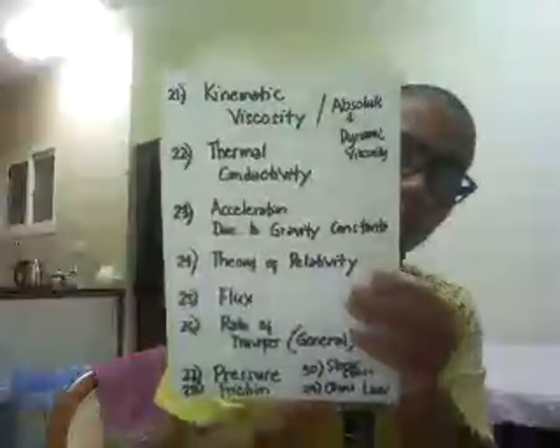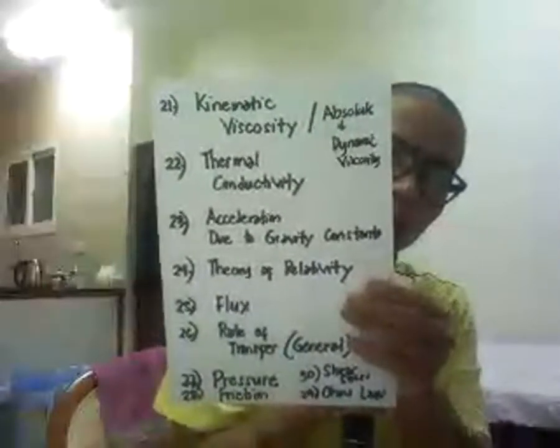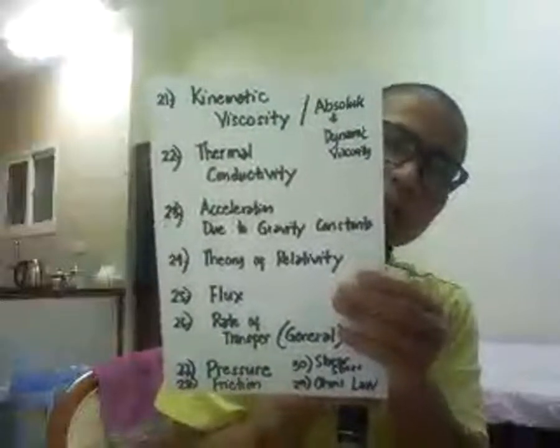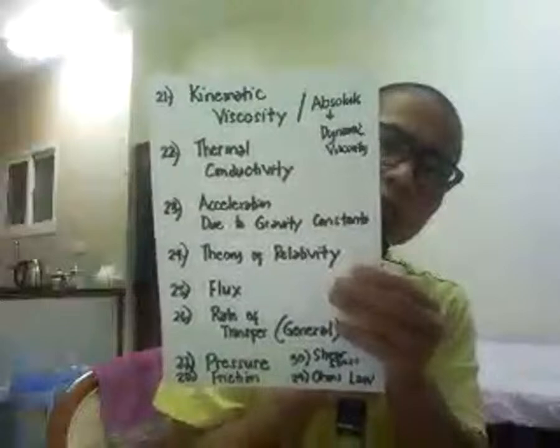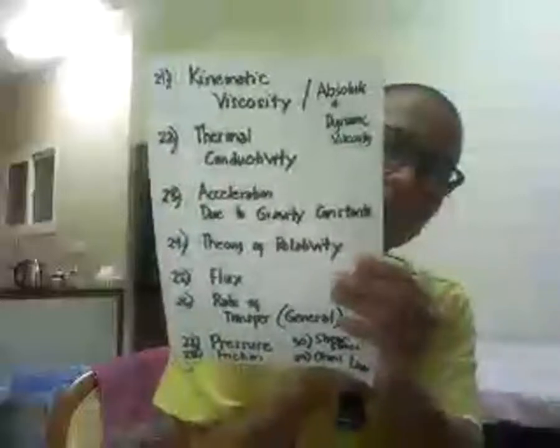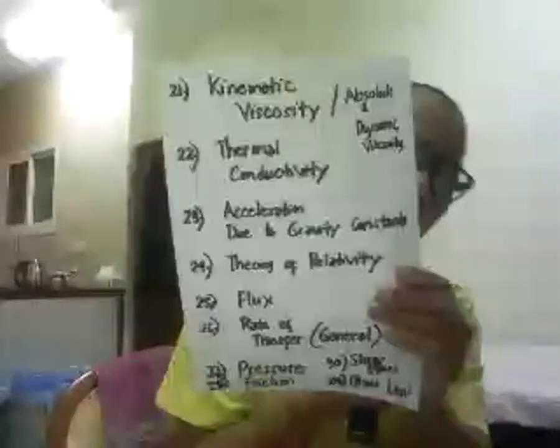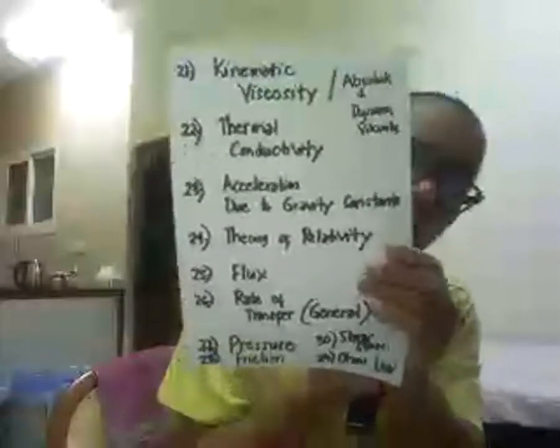Number 21 is kinematic viscosity, or the absolute and dynamic viscosity also. Then we have the thermal conductivity. Too long, cannot memorize. So acceleration due to gravity constant.